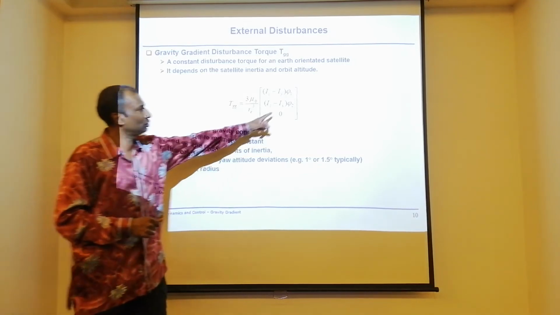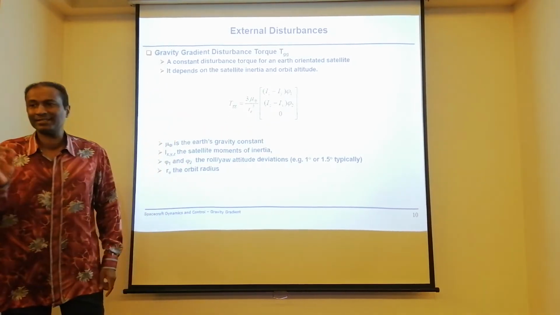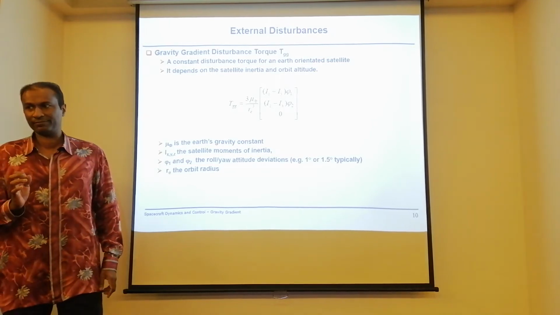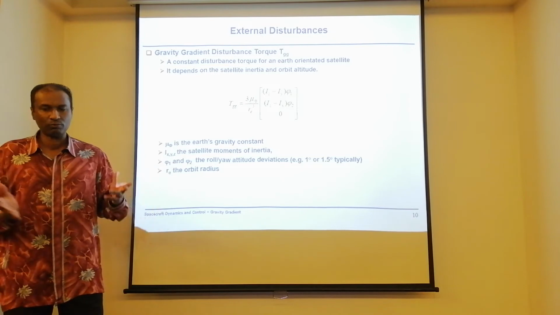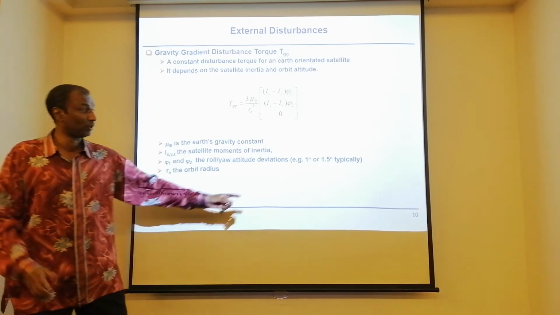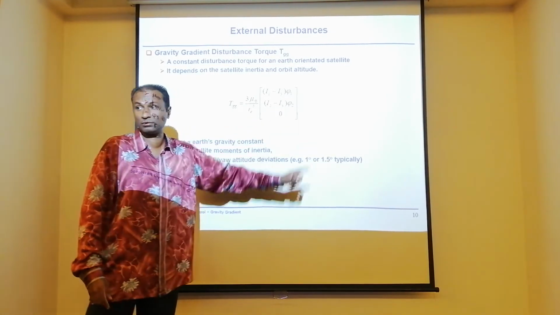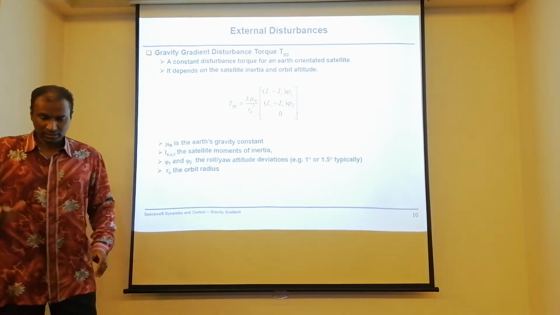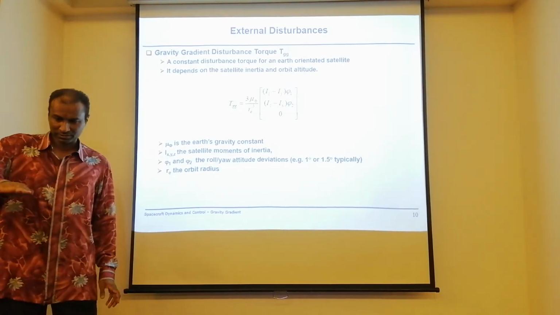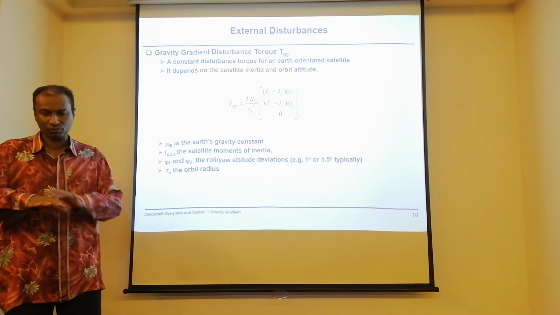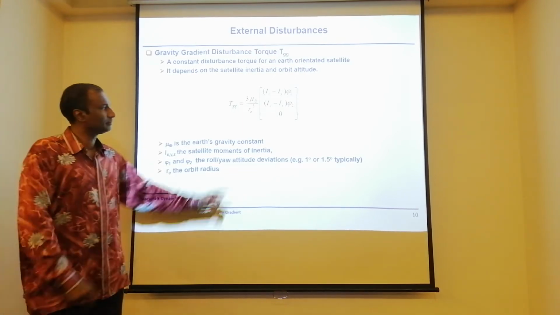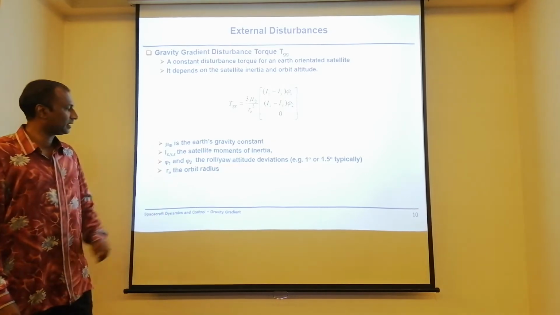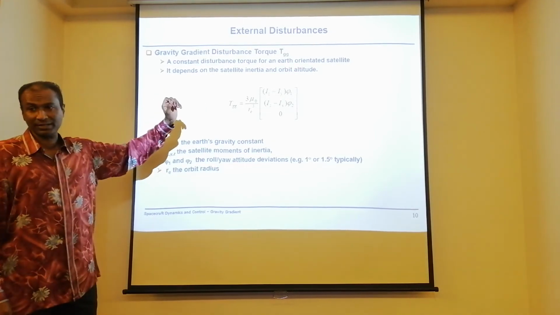What is the deviation that you will normally have? Let's say on average about 1 to 1.5 degrees. This is quite a lot. This is the accuracy, so to say. If the satellite is orbiting, normally it is being disturbed 1 to 2 degrees, like that. That's how you put it. And RE is the radius of the Earth. So you can estimate that as a constant.